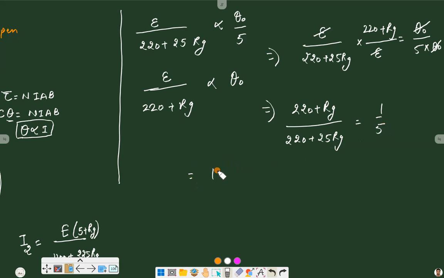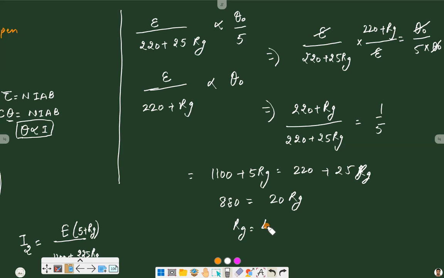Taking cross product, 1100 plus 5 Rg is equal to 220 plus 25 Rg. Subtracting, we will have 900 minus 20, 880 is equal to 20 Rg, and from this Rg will be 44 ohm.